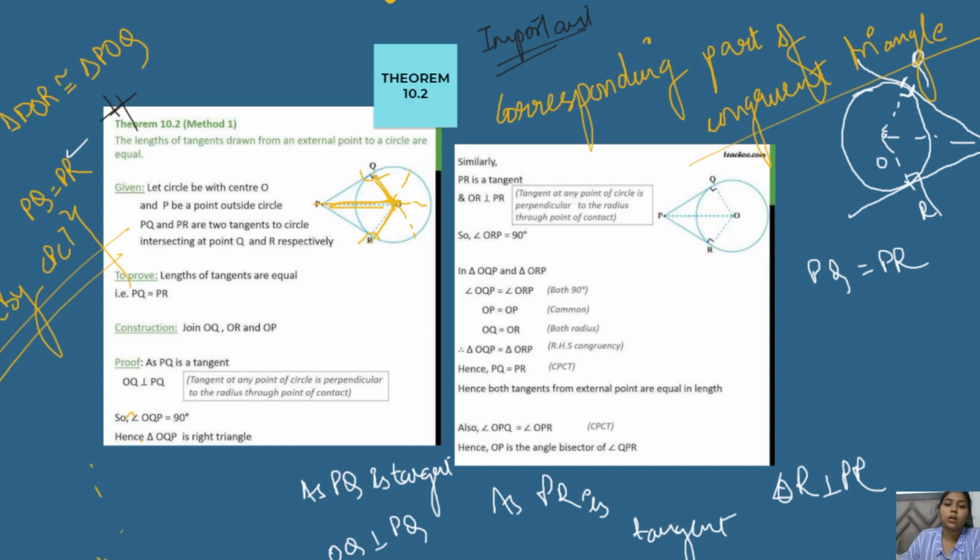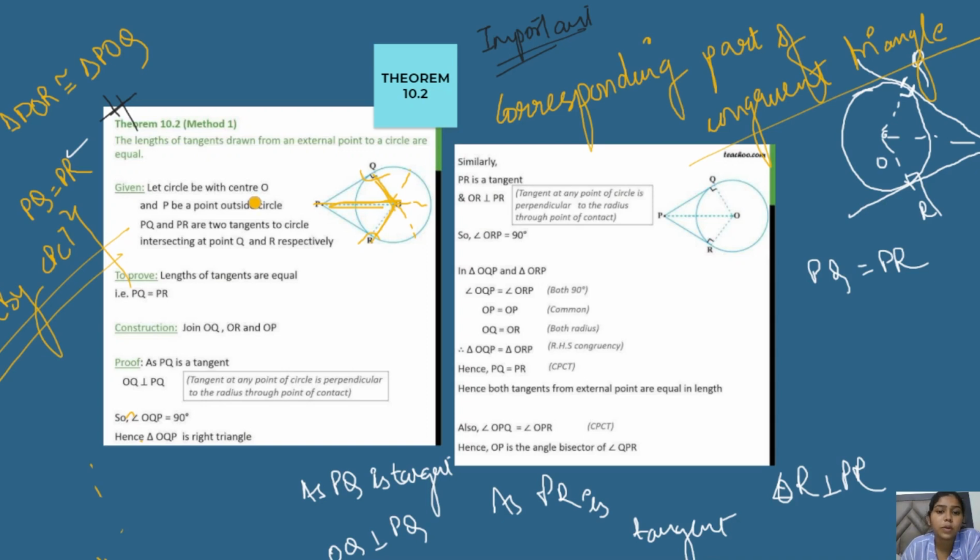Okay, so this is the theorem. We have read two theorems. The first theorem suggests that the radius which falls on the tangent is always perpendicular. And the second theorem says that whenever tangents are drawn from an external point to the circle, the two tangents will be equal in length.